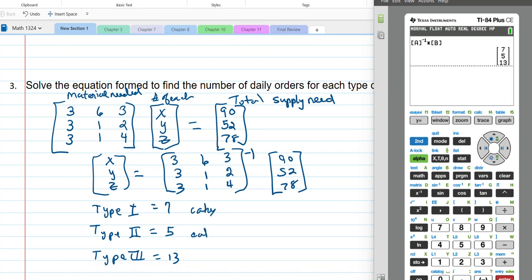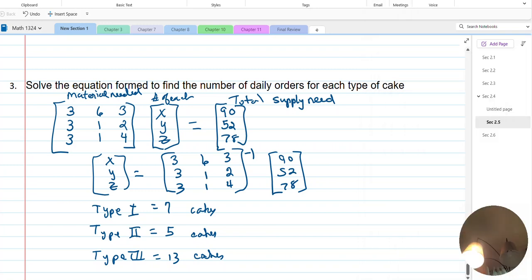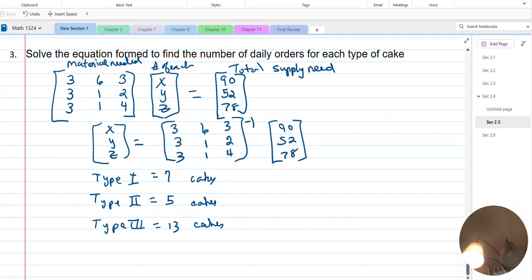Awesome, right? So from the matrices and what they needed in supplies, if we knew how much they used in the daily amount, then we could figure out the problem. Well, we're done finally. So now you can do the homework. Thank you so much for listening.